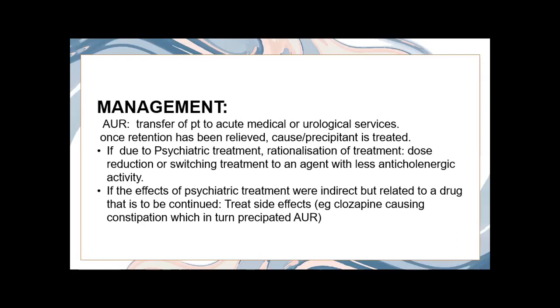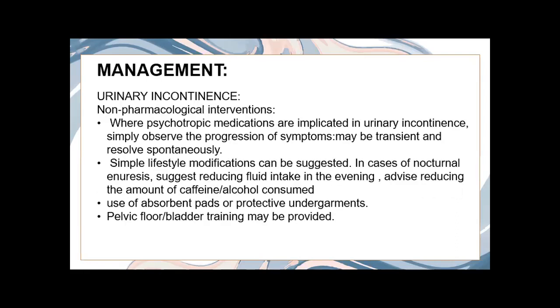If the effects of psychiatric treatment were indirect but related to a drug that is to be continued in further treatment, then the side effects of the drug are to be treated. For example, clozapine causes constipation, which in turn precipitates acute urinary retention.